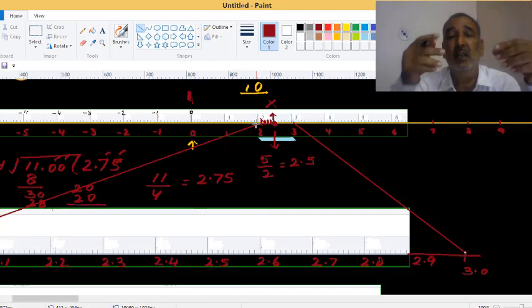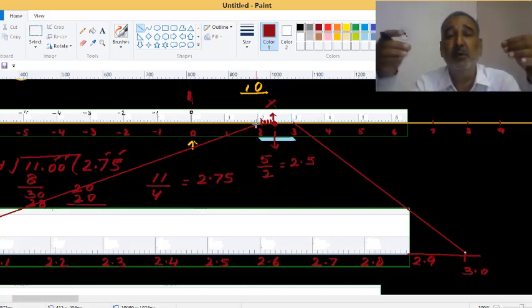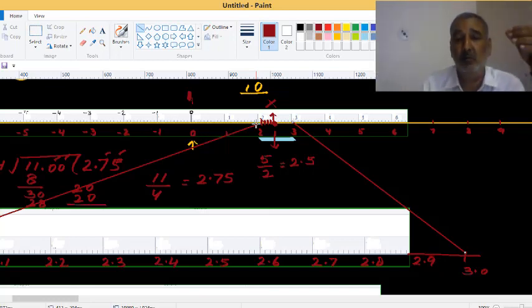It is just like an elastic: if 2 and 3 are stretched, there will be a larger space between them so that we can place smaller numbers between them. Now, it was very difficult to locate 2 places of decimal here. So I have extended this number line.